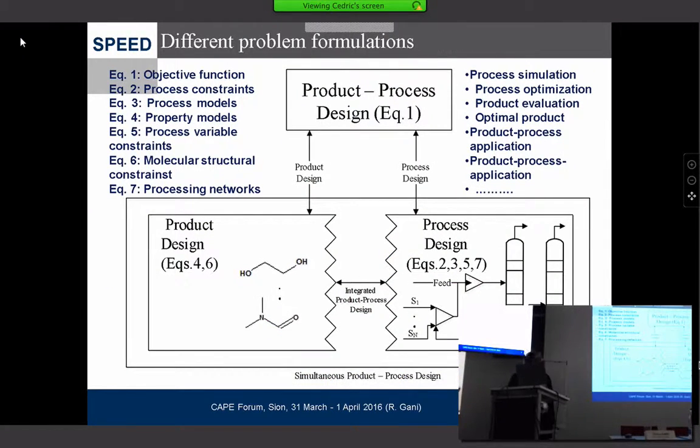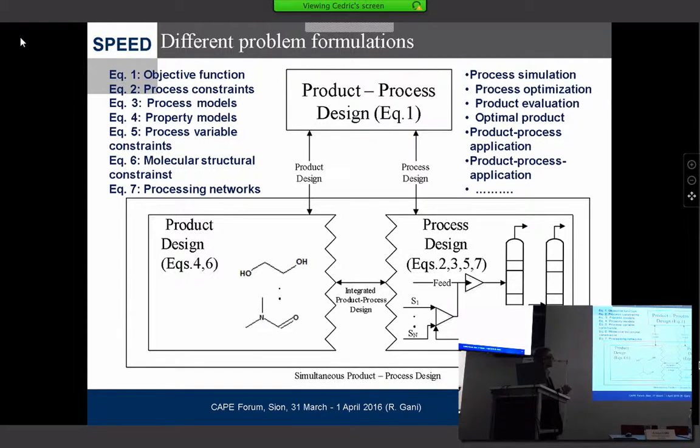Okay, so I will also show you the problem formulation in a slightly different way. I'm not showing the equations here, but just what kind of equations there are. We have an objective function, we have the process constraints, then we have the process model, that is the mass energy balance, property models that we need to satisfy the properties, process variable constraints, molecular structural constraints, as well as the flow sheet related constraints. So all of these are part of the grand model that we talked about.